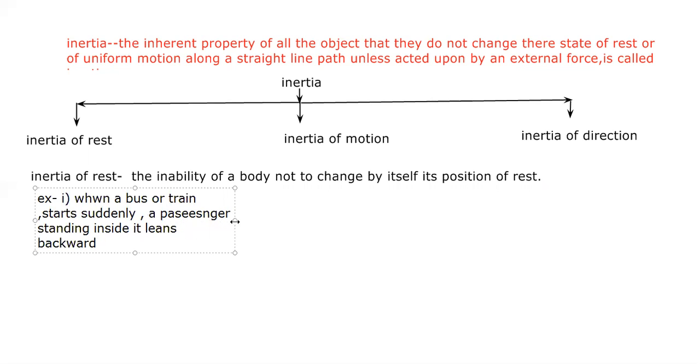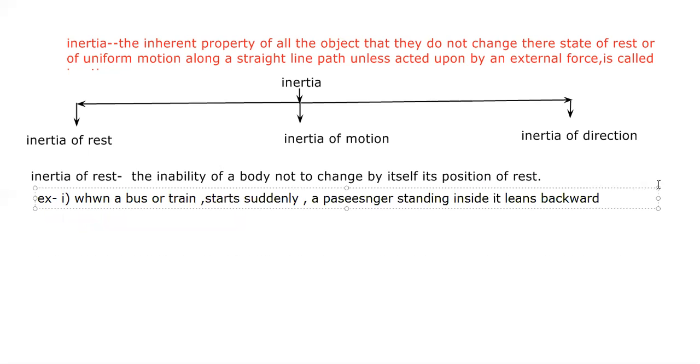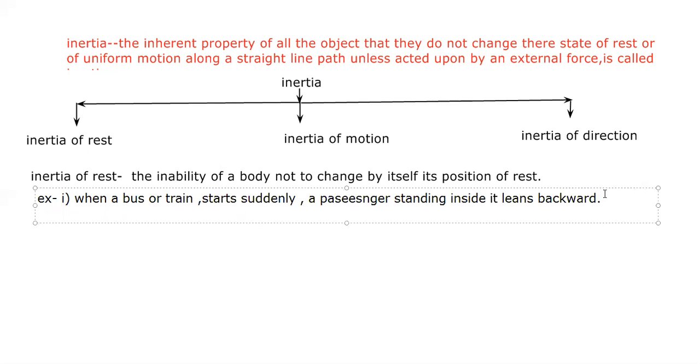This is because the upper body of the passenger wants to stay in its state of rest, so it does not change simultaneously. That's why if a train suddenly starts, a passenger standing in it leans backward.